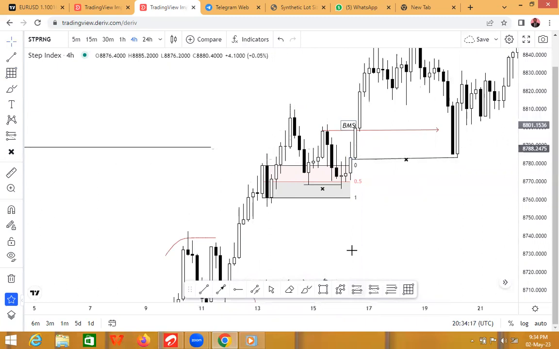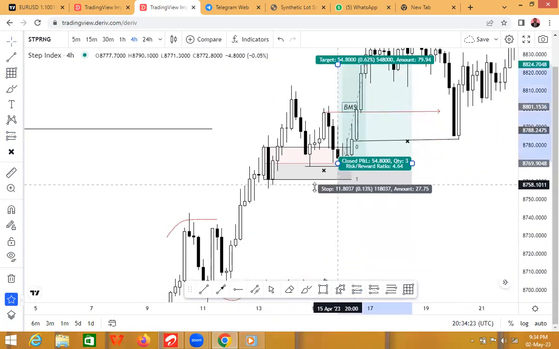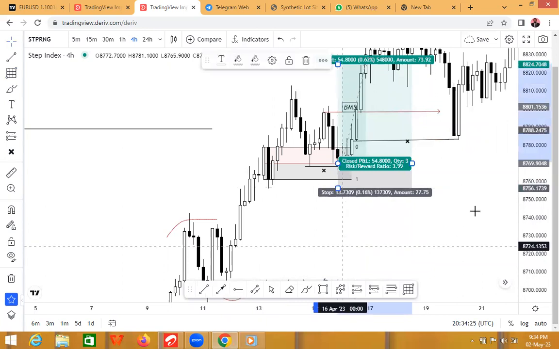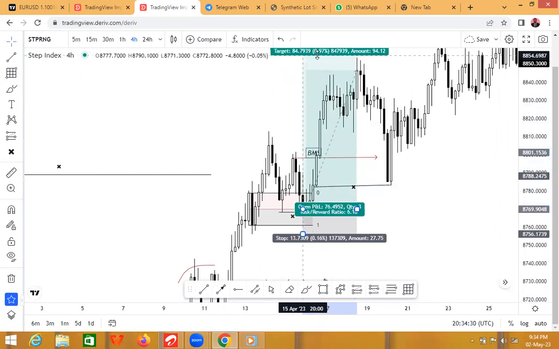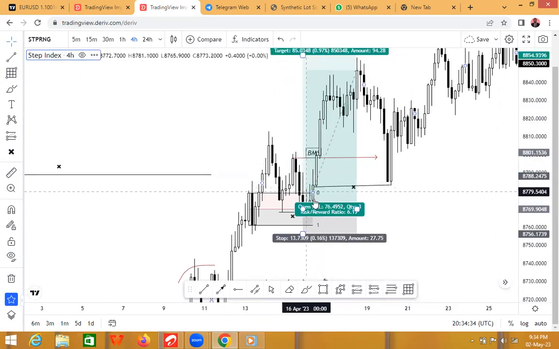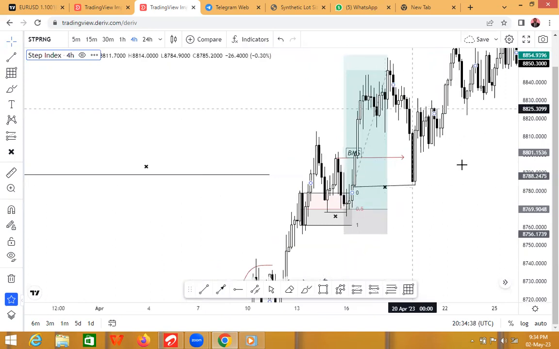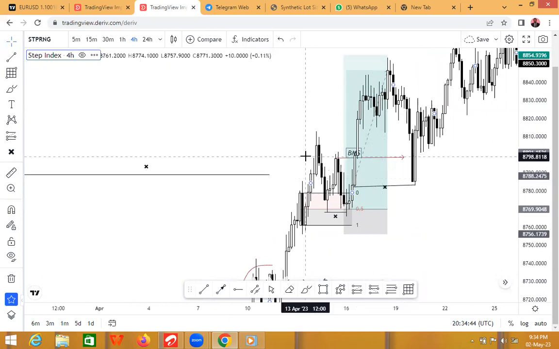If I had played 50%, I'd be activated on this trade, and then my stop loss at the wick, 13 pips, price will give me a good 1 to, yeah, maybe 1 to 6. And if you had waited for a break of structure at this level, you would get more than that 1 to 6. So whichever way you want to look at it, smart money plays will always hold price.